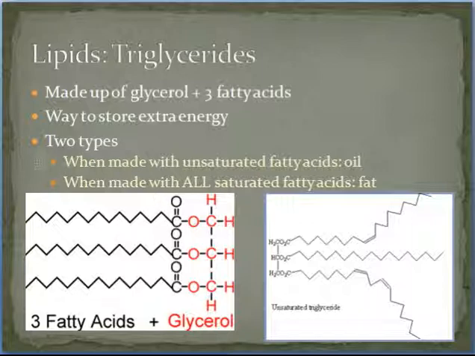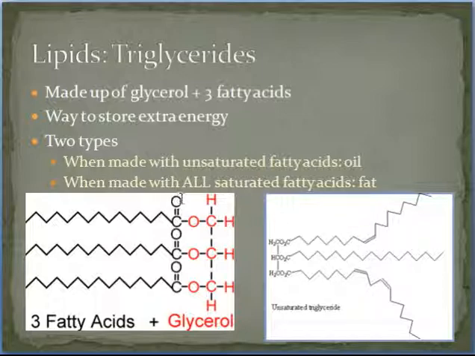There are 2 main types of triglycerides. When they're made with any unsaturated fatty acids, we call it an oil. Like over here, see how there's some double bonds, some kinks in the fatty acids that were used? That causes it to push other molecules apart and to become more of an oil.